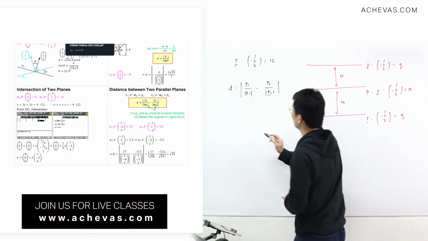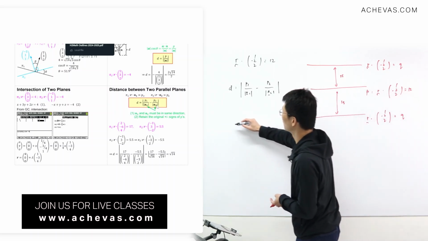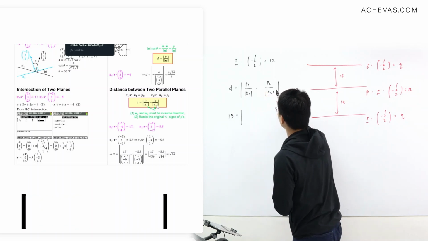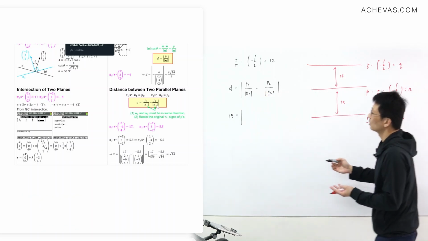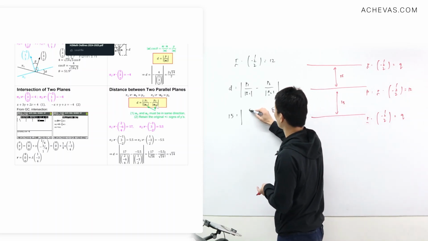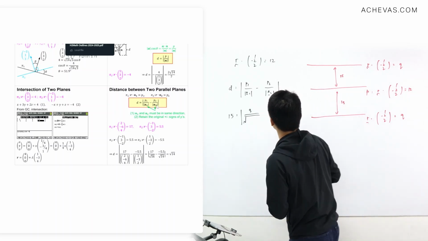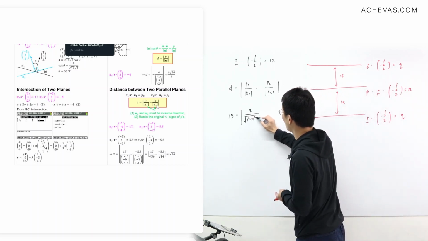In this case, the distance is 15 units, so we can substitute 15 in. For P1 or P2, it doesn't matter whether you choose 12 or Q, so maybe I can just choose Q. Modulus of N1 is the modulus of the normal, so it will just be square root of 1 square plus 2 square plus 2 square.